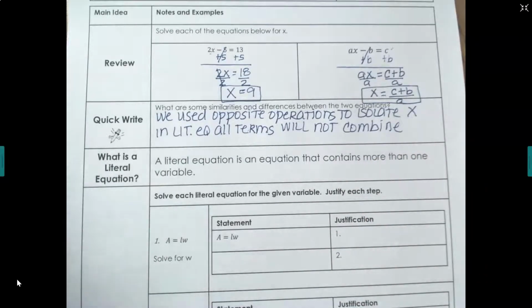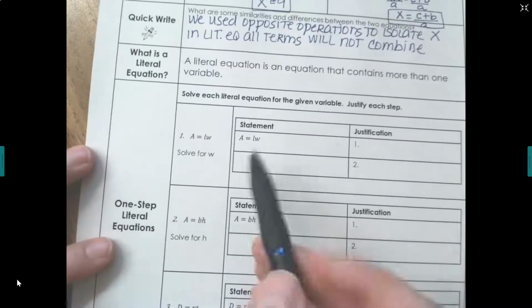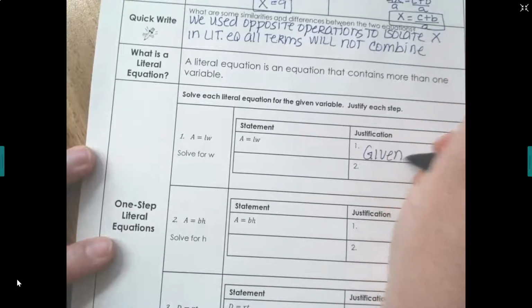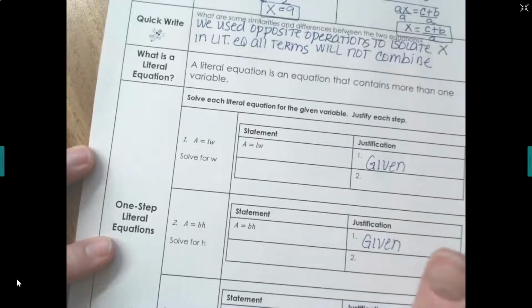So what we're going to do is solve some equations for a given variable, and we're going to use our justifications, our properties of equality that we've been using, to justify the steps that we're going to take. So remember, our first justification is always given. That's the problem that's given to us. So we'll go ahead and write given on here so we don't have to worry about it.